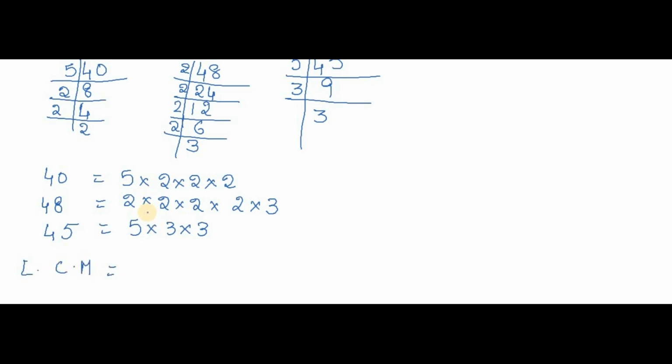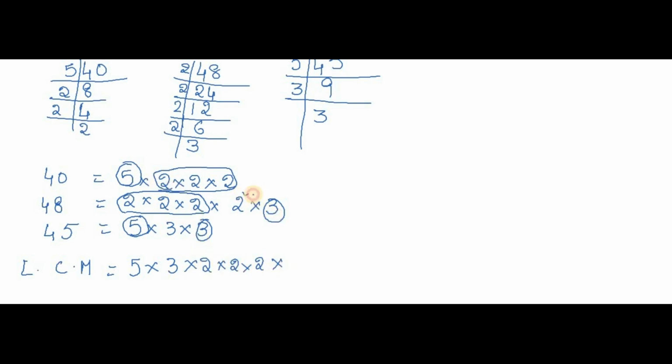LCM is equal to, which is common, first we will write that. In all the 3 numbers there is nothing common. So 2 things we have in common, that we will circle first. Instead of writing 2 5s we can write 1 5 here, and instead of writing 2 3s we will write 1 3, and instead of writing 6 times 2 we will write only 3 times.